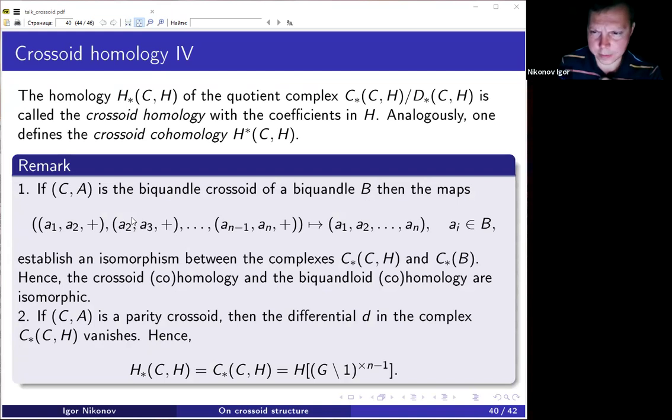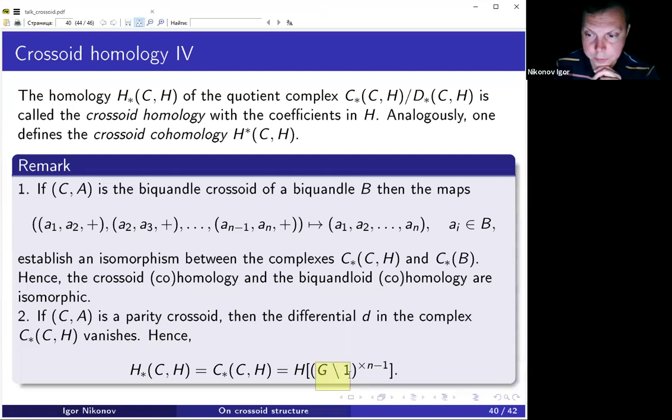And if we look at the homology of this crossoid homology, in the case of biquandle, we get the biquandle homology. And in the case of parity, it appears that the differential is 0. So the homology coincides with the chains. So the chains are just a free group on the complement.